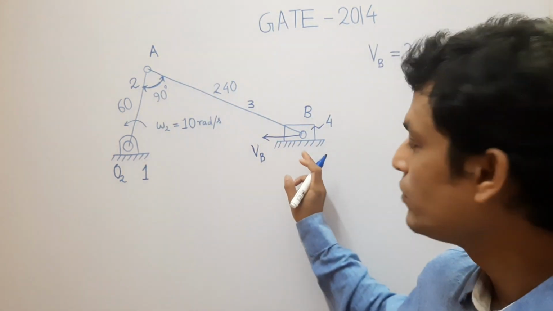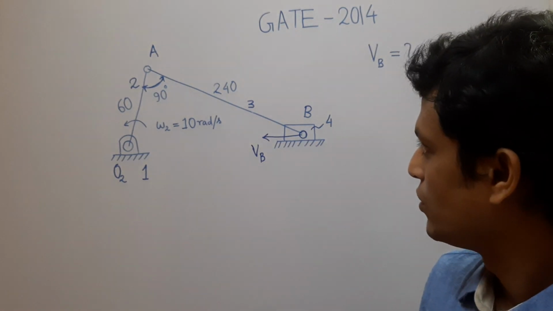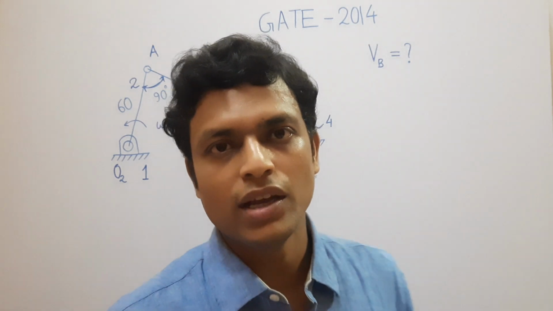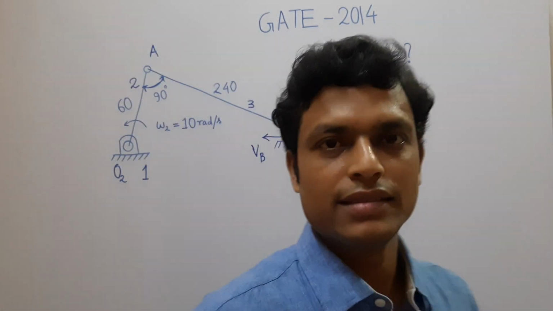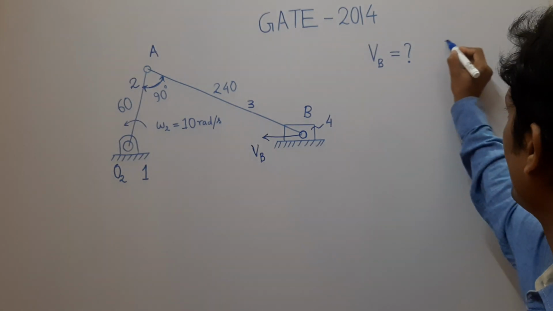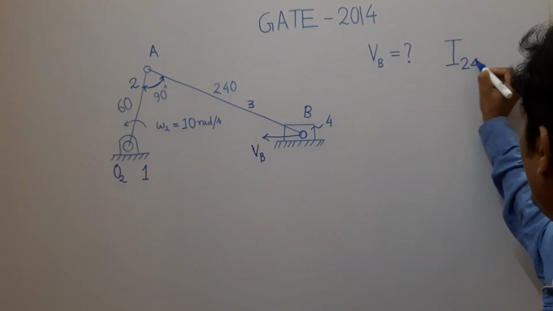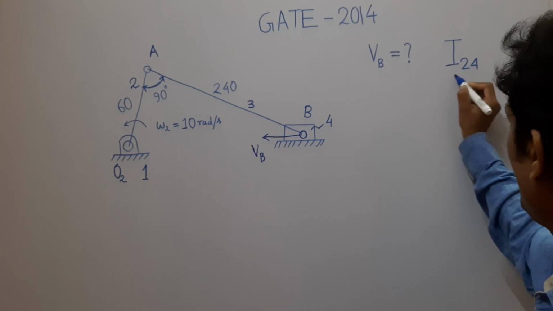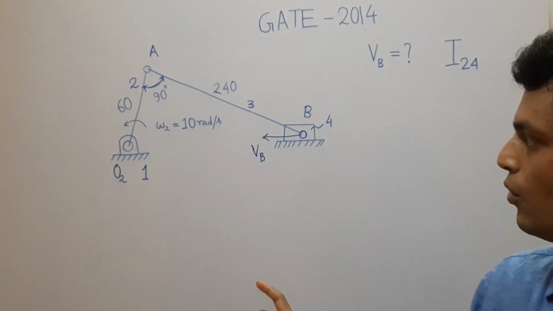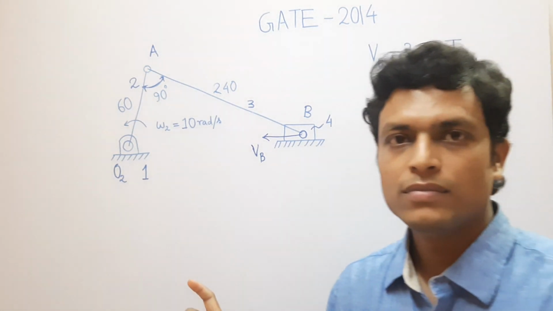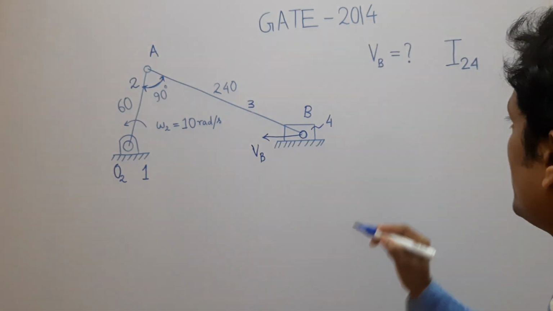We have to find out the velocity of link 4. So like our previous problem, here we have to locate the relative instantaneous center between 2 and 4, that is I24, because at I24 both link 2 and link 4 have the same absolute velocity, or zero relative velocity.